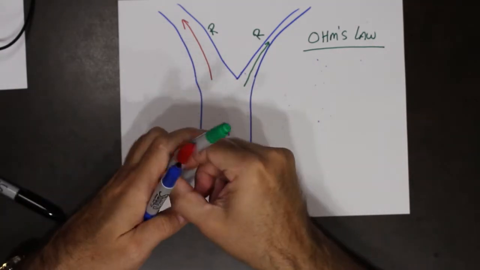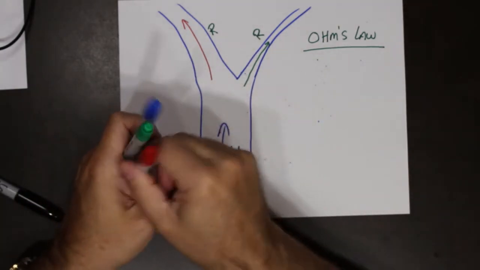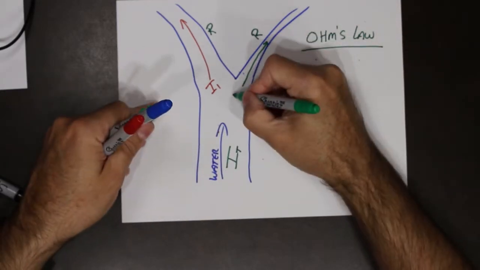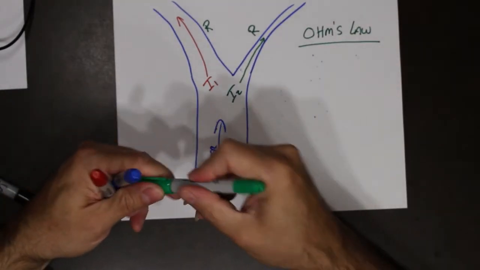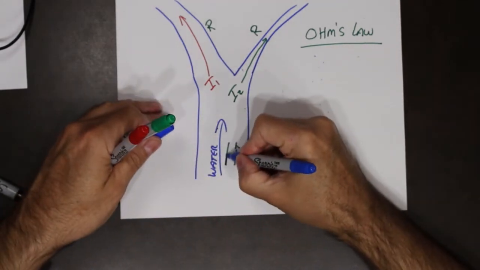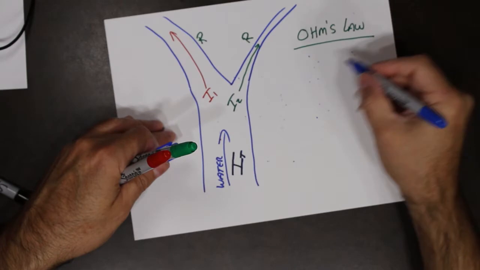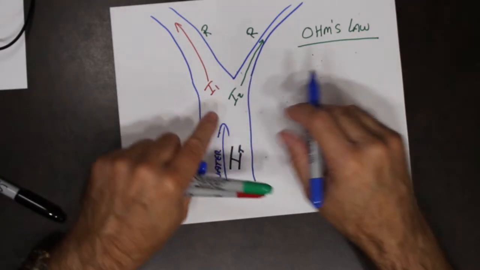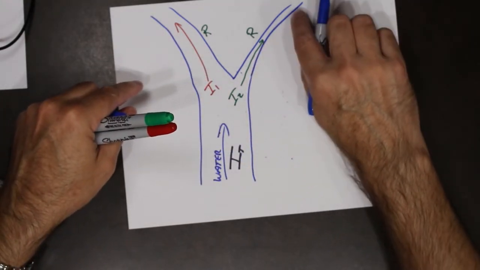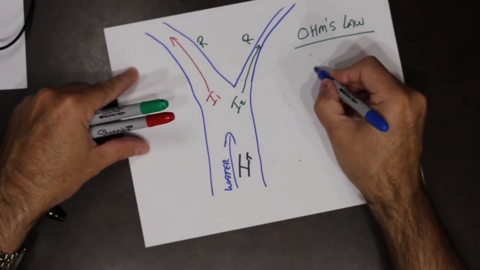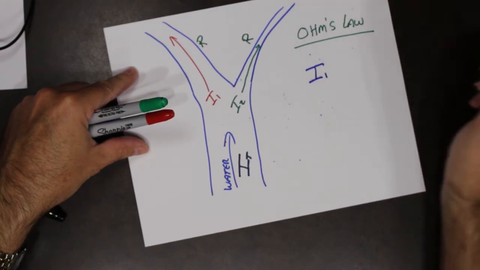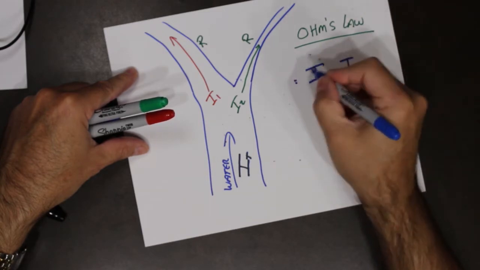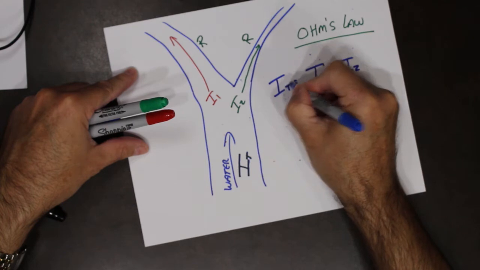So if we looked at this as current 1 and this as current 2, we can conclude that if all of the water is coming down this part, and some of it goes this way, and some of it goes this way, we can conclude that if you take the water in I1 plus the water in I2, you would get the total water.